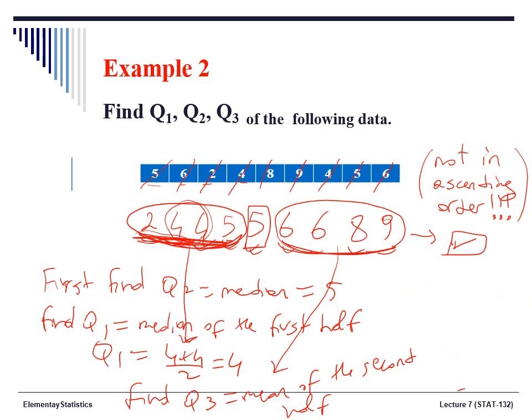We have 4 numbers here, and since there are 4, we look at the two middle numbers. We add them and divide by 2, so it becomes 7. So Q1 turns out to be 4, Q2 turns out to be 5, and Q3 turns out to be 7 in this data.